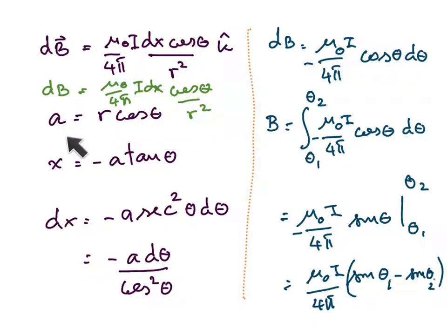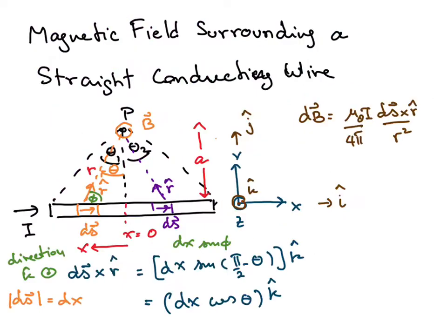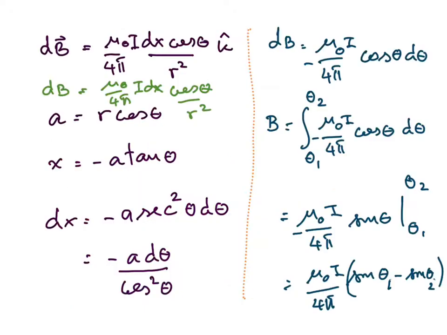First, r is related to theta by this relation, a is equal to r cos theta. If we look at this figure, this is r and this is a. So you can see that a is equal to r cos theta, or we may write r is equal to a over cos theta. Also, we can see that x is equal to minus a tan theta.